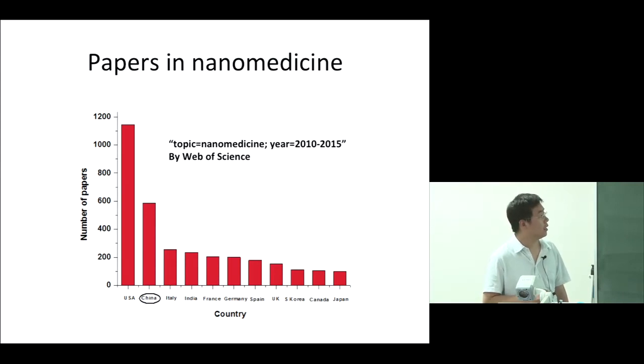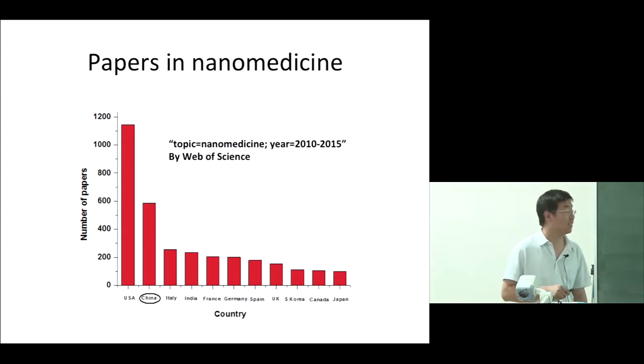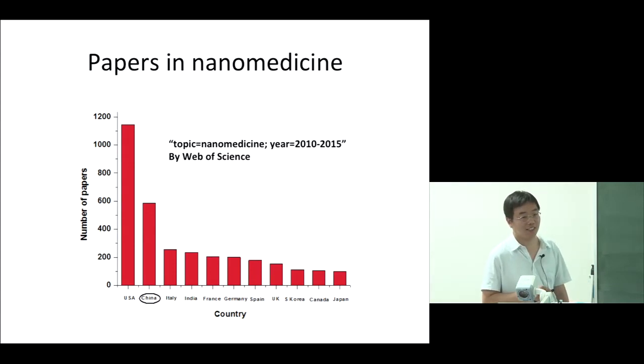The second place is China. Chinese people also spend a lot of money and a lot of time on research in nanomedicine. But we can see Japan is number 11. So probably we need more people, more groups to do research in nanomedicine.